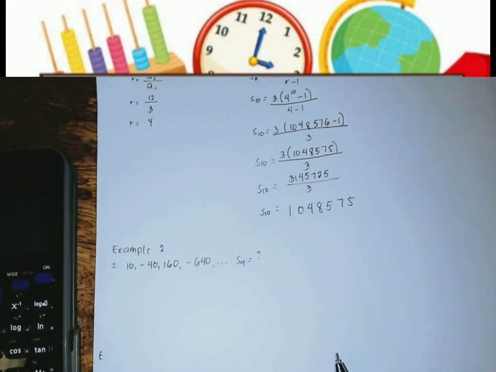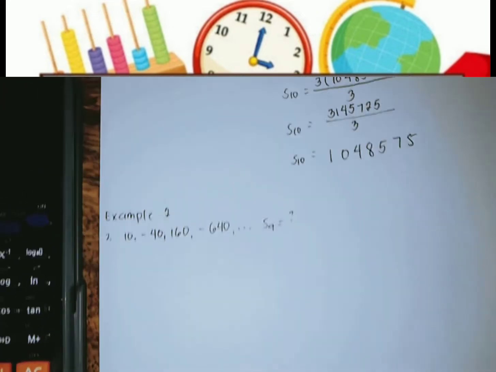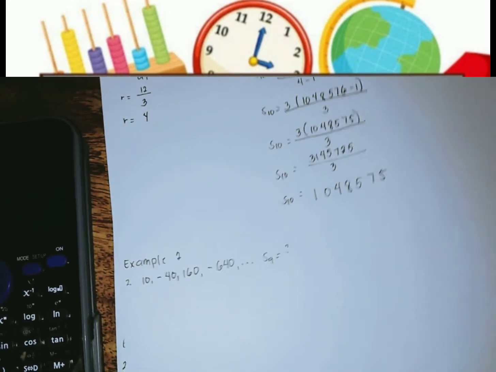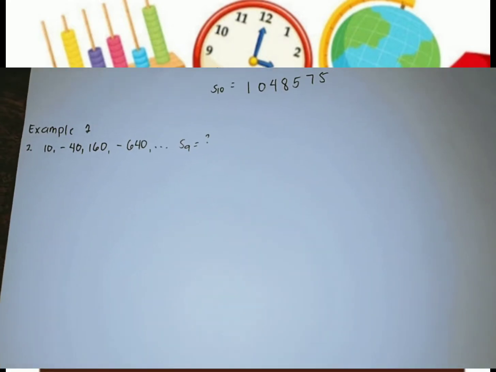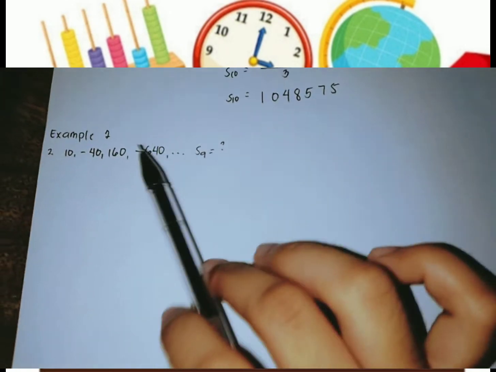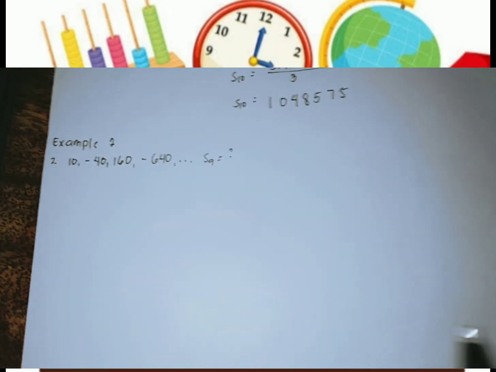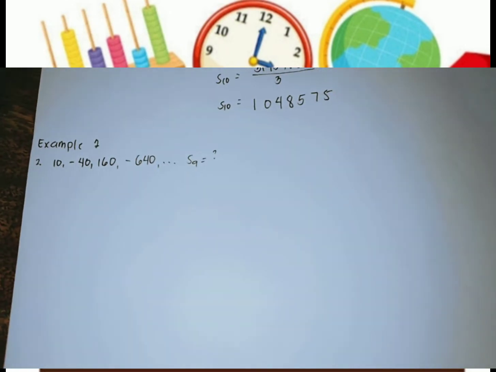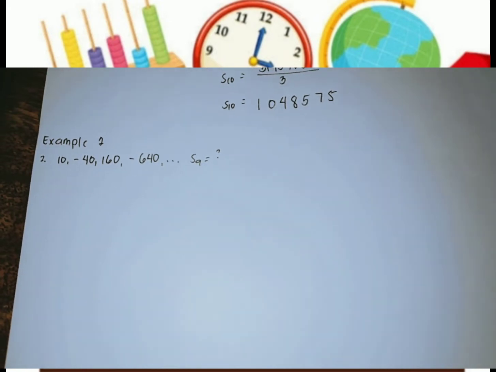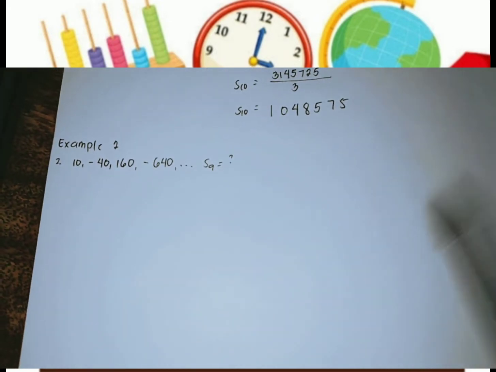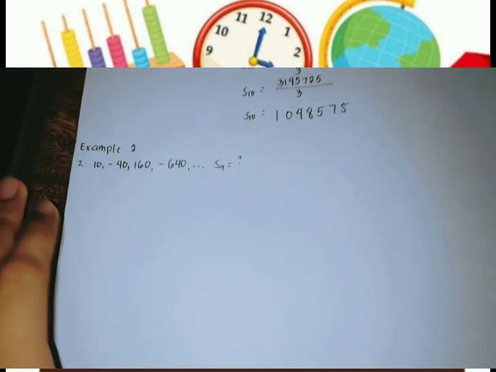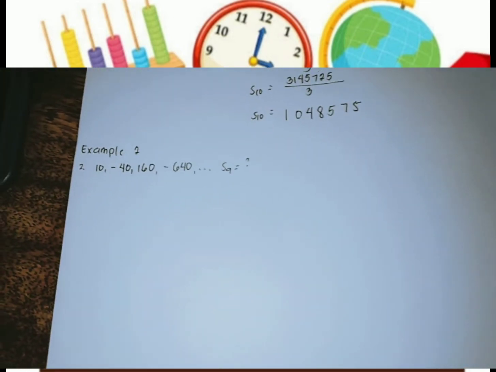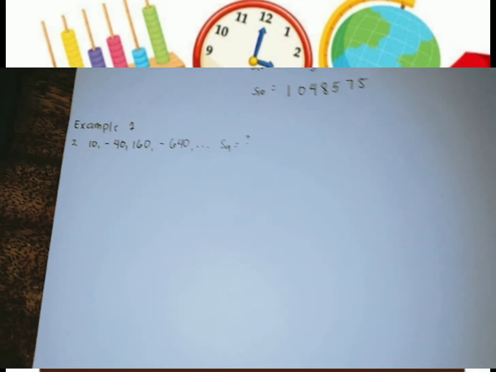Now we will move on to our example number 2. Sorry for the interruption, because my storage is not enough. That's why the video stopped, my storage could not handle it. Therefore, there was an interruption.